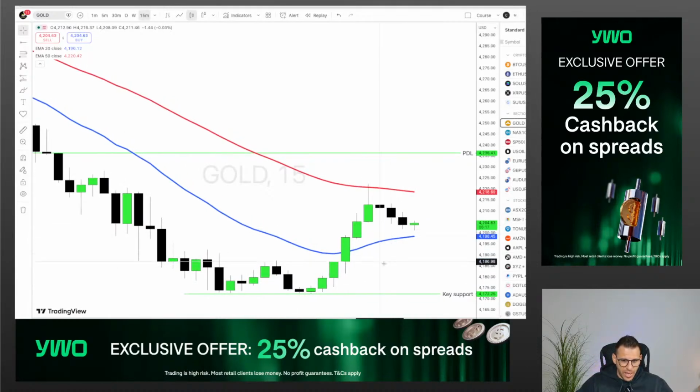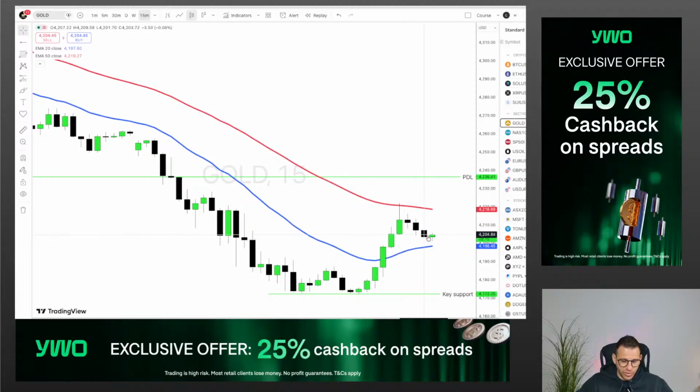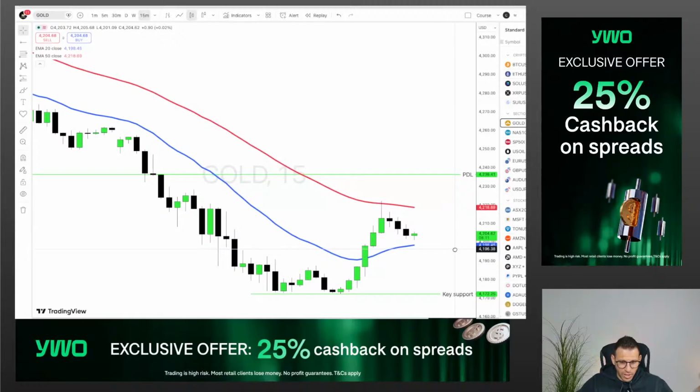This is a sign now of seller's weakness, and it's going to be a potential reversal, because the price was moving downwards, and at some point buyers stepped in and pushed the price up, made a higher high here. But look at the candles, they were so big compared to the bearish ones.